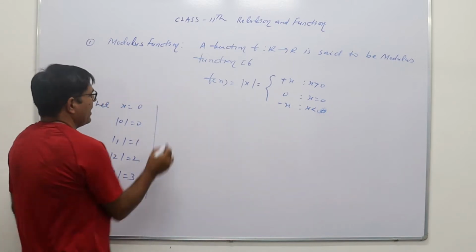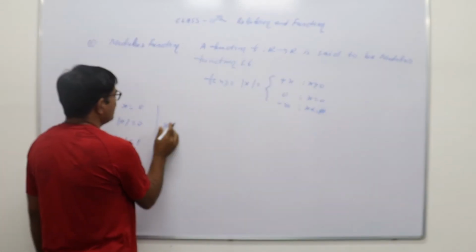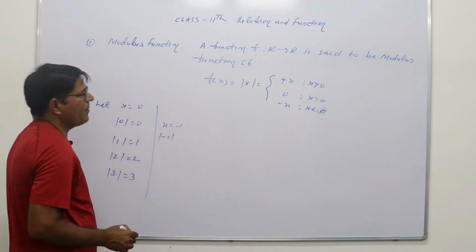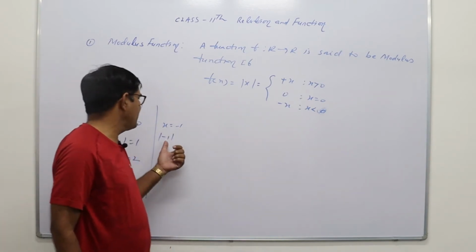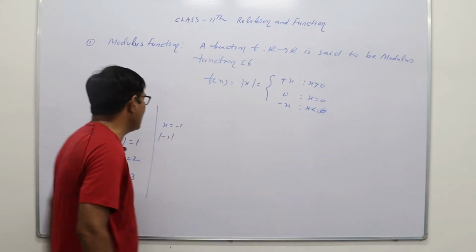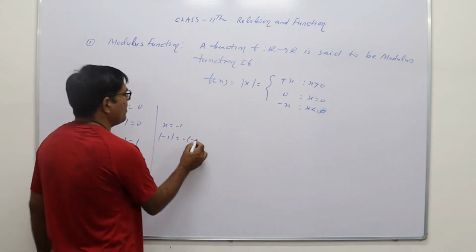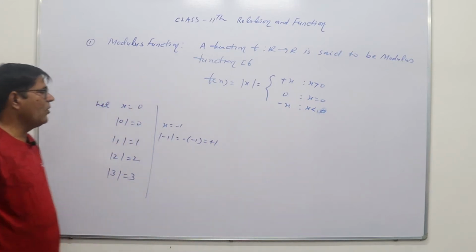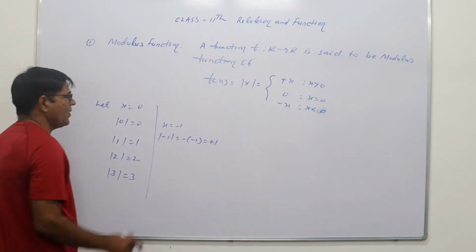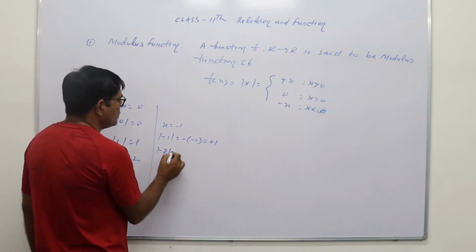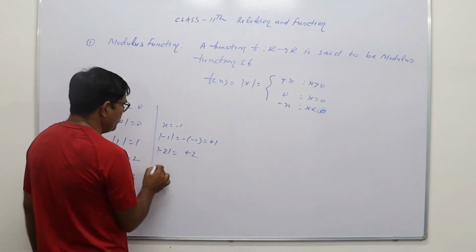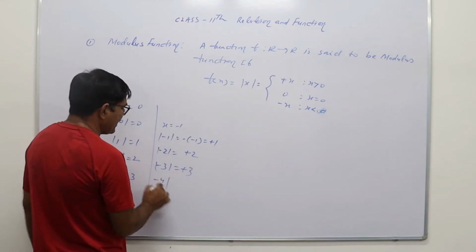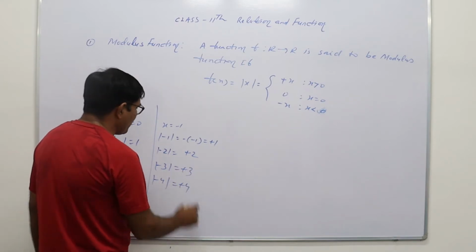Similarly, for x is equal to minus 1, mod of minus 1: because minus 1 is less than 0, it will be equal to minus of minus 1, so plus 1. That's why mod of a negative is always positive. So mod of minus 2 is equal to plus 2, mod of minus 3 is equal to plus 3, mod of minus 4 is equal to plus 4.